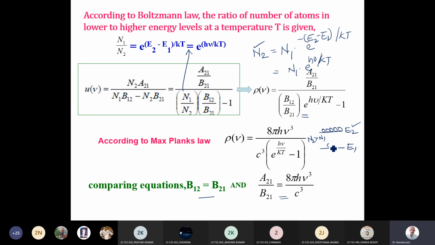If 3 of them fall down, what happens is that I have at the top only 3 of them. Then N1 equals N2. So I never get N2 greater than N1 if I take two energy states.